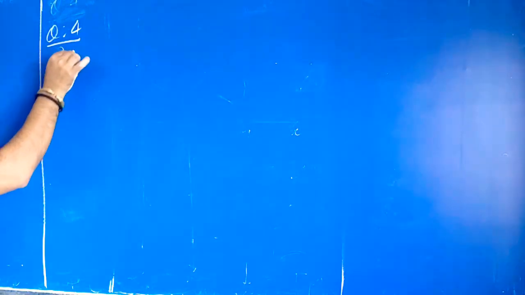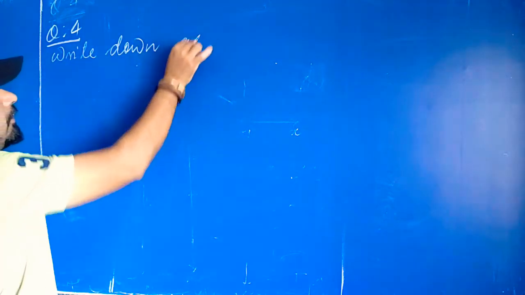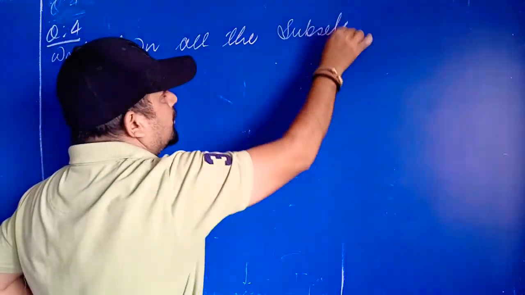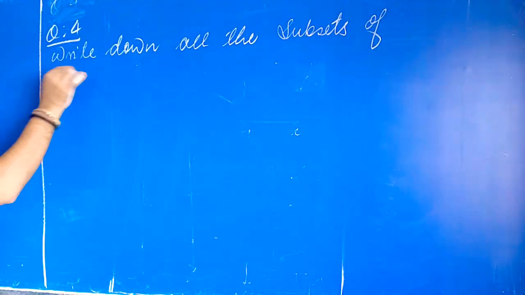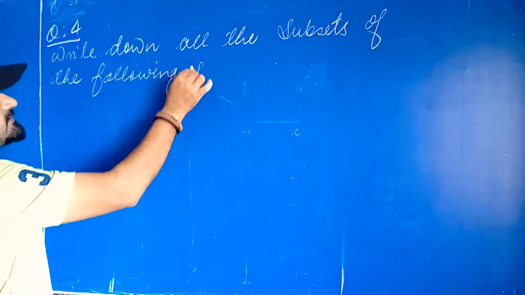Question number 4 is: write down all the subsets of the following sets.